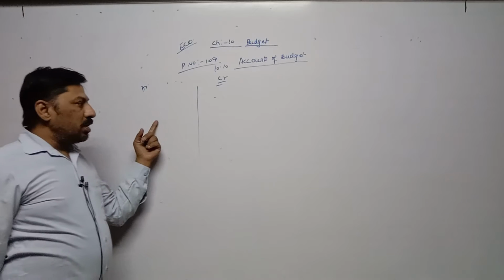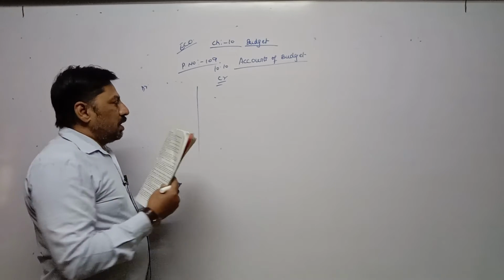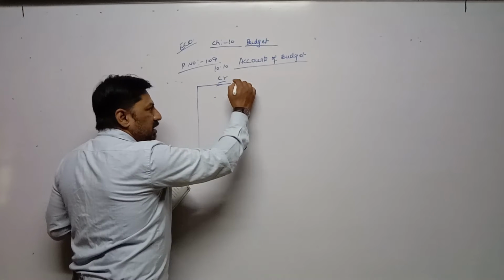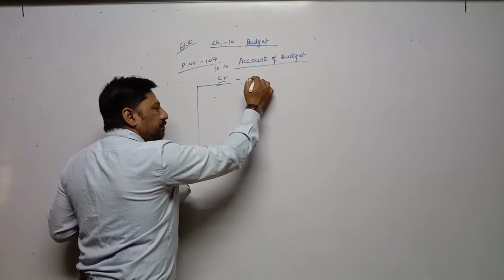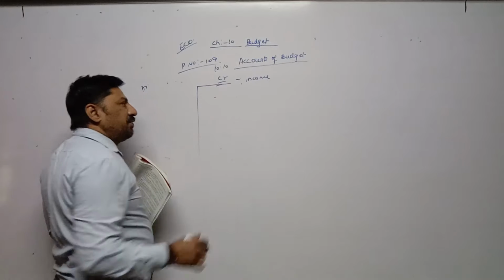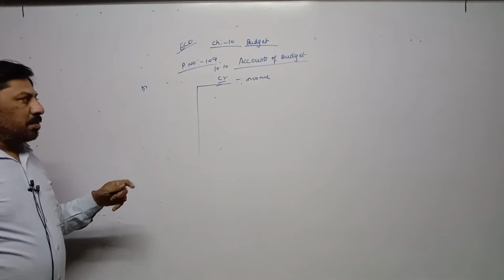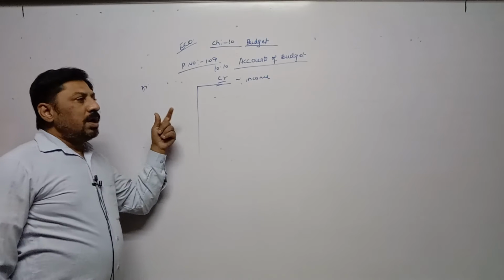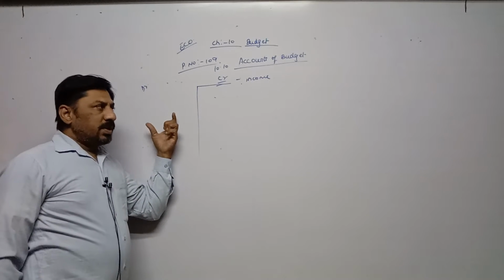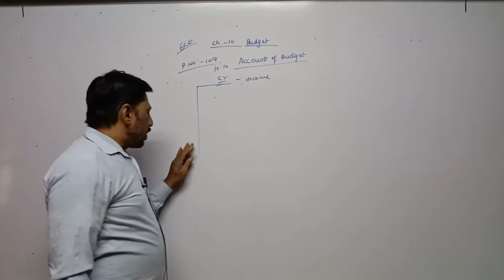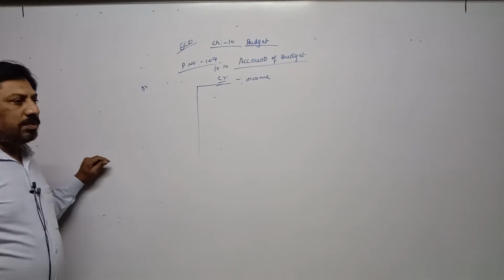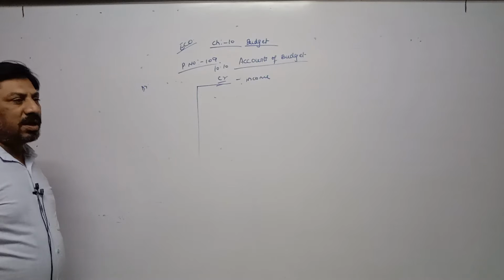In the trading account and P&L account, the credit side is considered as income. In the same way, when government is preparing budget, they are preparing it on the basis of double entry bookkeeping. The accounts which business units are preparing are based on the principle of double entry bookkeeping.